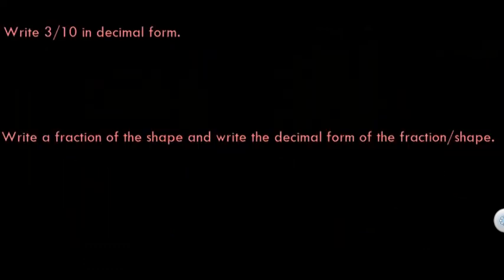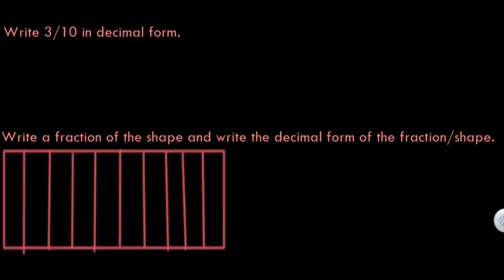Okay, now here, let's do some questions in case anybody doesn't understand. Question number 1 says, write 3 over 10 in decimal form. As I told you, they normally wouldn't give you a shape, actually. They'll tell you just write 3 over 10 in decimal form.